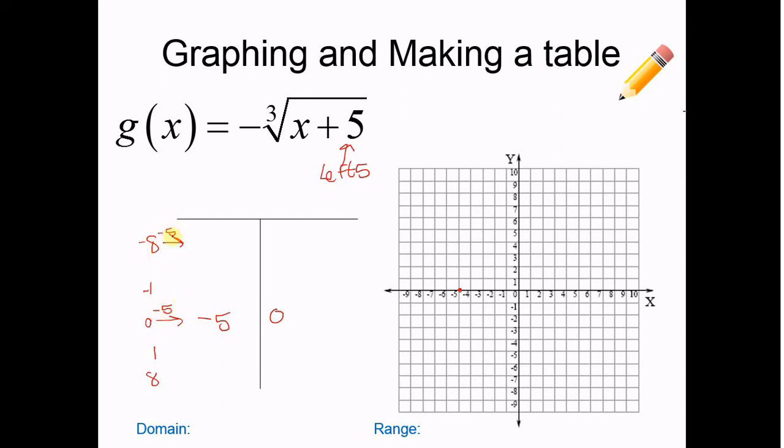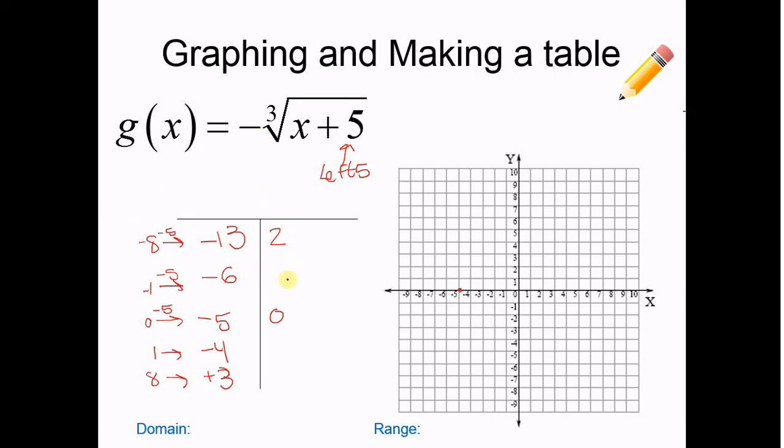So negative 8 minus 5, well, that is negative 13. Can't really graph that, but that's okay. Negative 1 minus 5, that's negative 6. Negative 4. Positive 3 there. So now, negative 13, if I pop it in for my x, I'm going to get a negative 8, cube root of negative 8, negative 2, positive 2, because that negative on the outside is going to cancel it out.